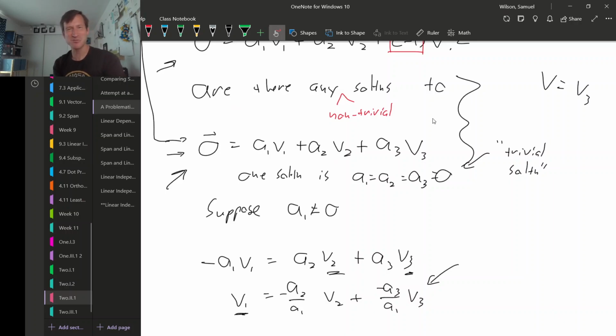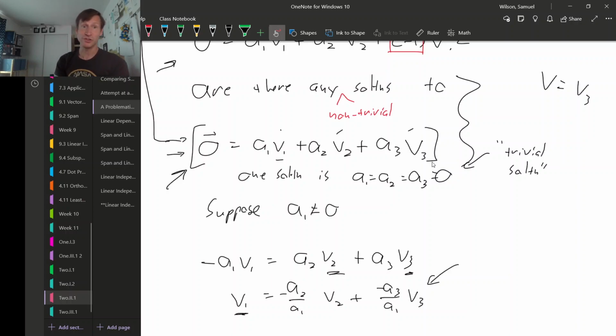But it answers this all at once, rather than having to check each flavor of linear dependence individually. We don't have to check, is v1 dependent on v2 and v3, and then is v2 dependent on v1 and v3, and then is v3 dependent on v1 and v2. Rather than answering those three questions separately, we can just ask about non-trivial solutions to this equation and get an answer all at once.